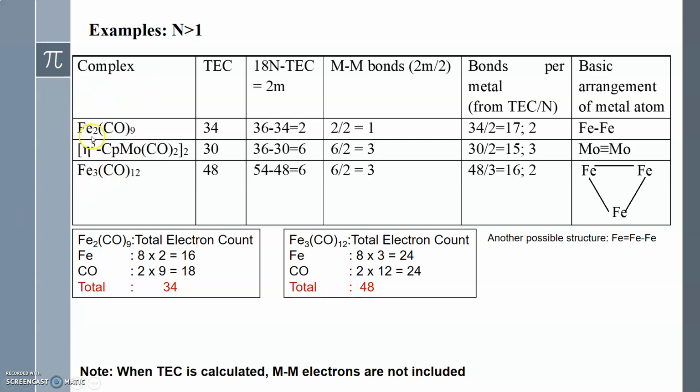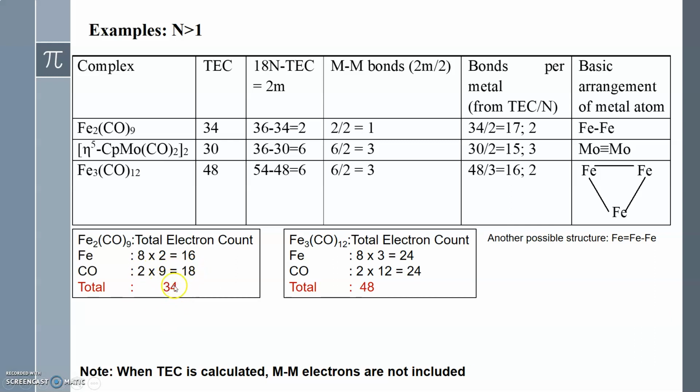Now let us move on to the example where the nuclearity is greater than 1. First, we'll take this complex, Fe2(CO)9. The total electron count is from iron, 8. Here we are going to follow only the neutral atom method. 8 electrons on each iron into 2 is equal to 16. And there are 9 carbonyl groups, each contributing 2 electrons, so 18.